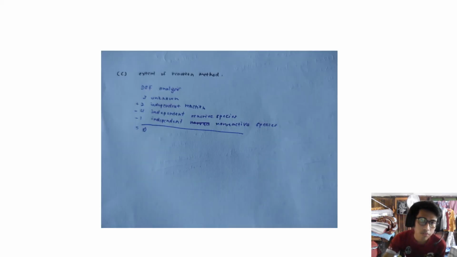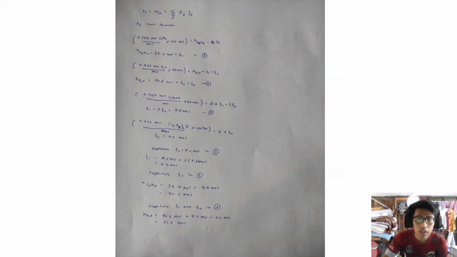For the extent of reaction method, the degree of freedom analysis: there are 3 unknown labeled variables plus 2 independent reactions minus 4 independent reactive species minus one independent non-reactive species, we will get 0, and this question is solvable. We use the formula in this slide to get the answer.